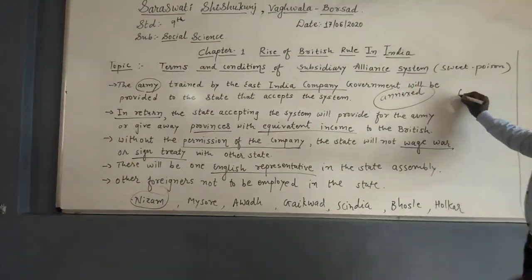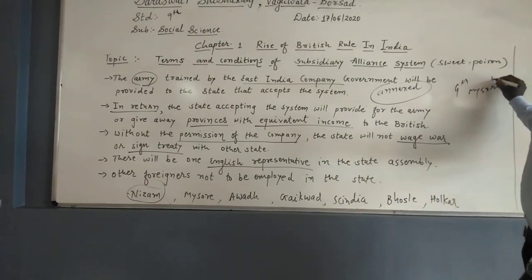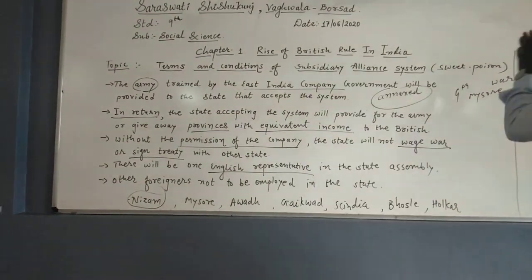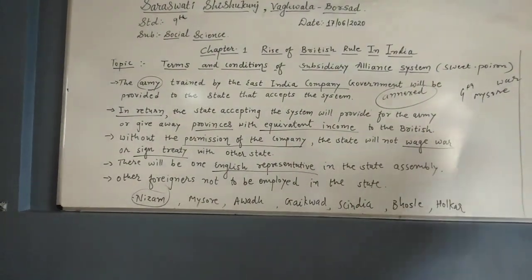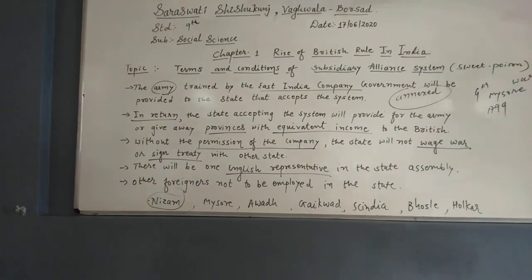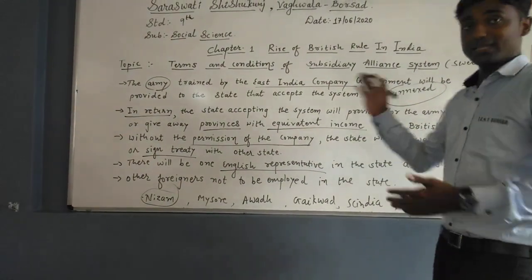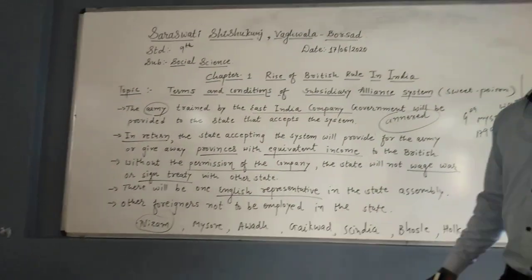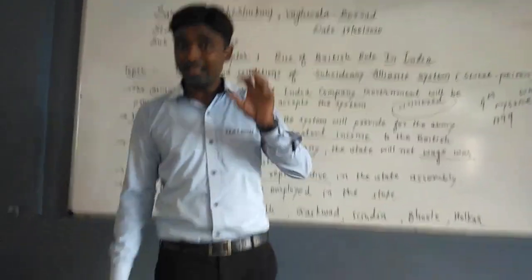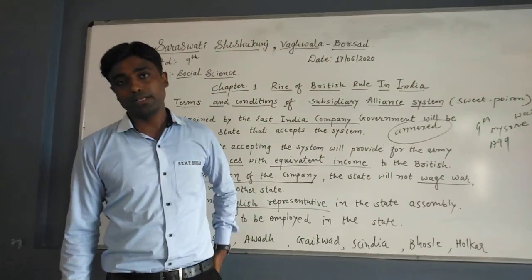The fourth Mysore war was declared between the Britishers and Tipu Sultan in 1799. In that war, Tipu Sultan lost his life while fighting against the Britishers.